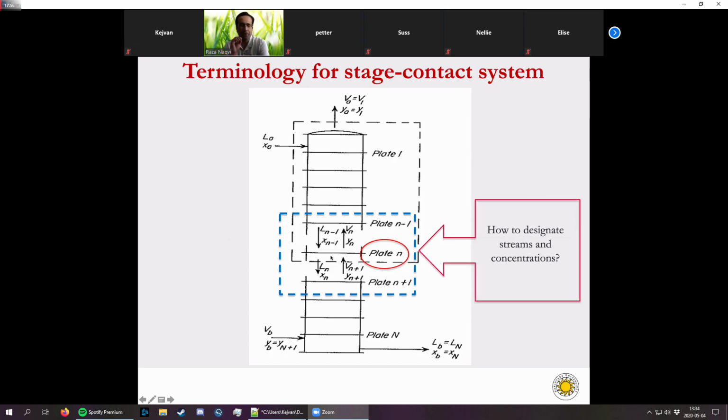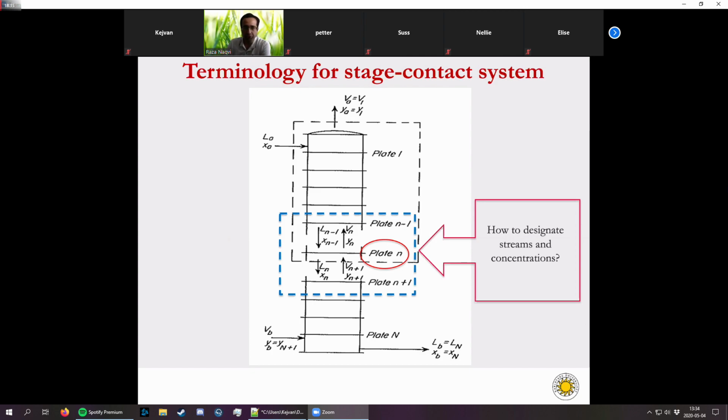There is a very important thing that you need to understand. The streams that are entering plate N, Vn plus 1 and Ln minus 1, are coming into contact with each other on plate N. When these streams are entering any stage or any plate, they must not be in equilibrium, because if they are in equilibrium, there is no driving force for the mass transfer, and no driving force for the heat transfer.